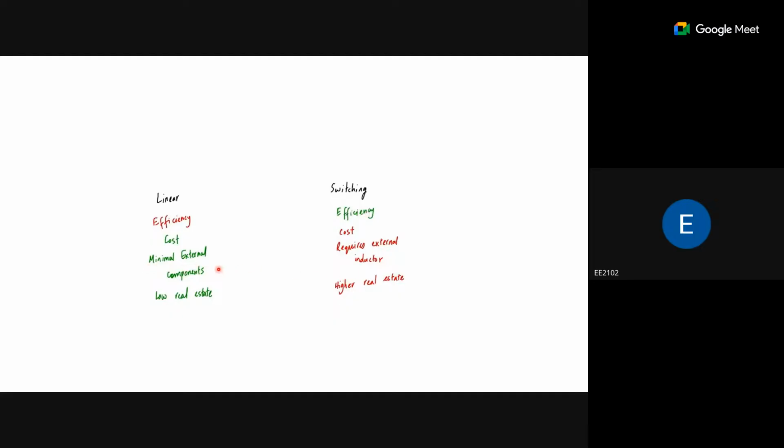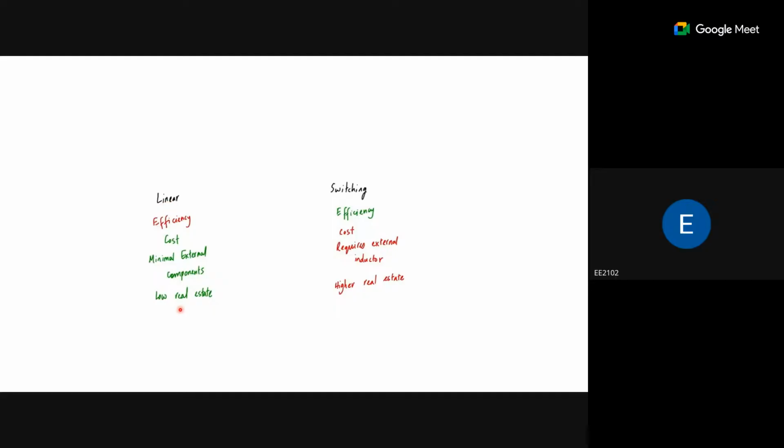In the case of the linear regulator, it needs minimal external components, so it is easy to use, but here inductors and all are there. That's why it is a little bit complex.